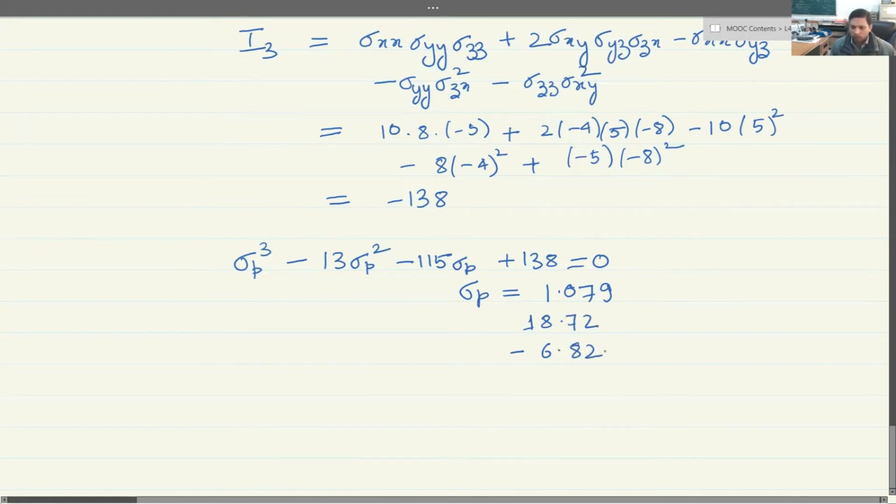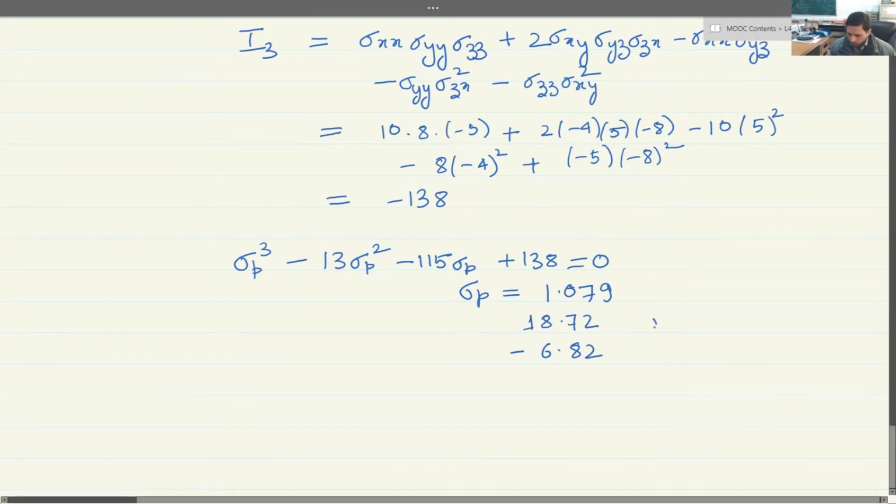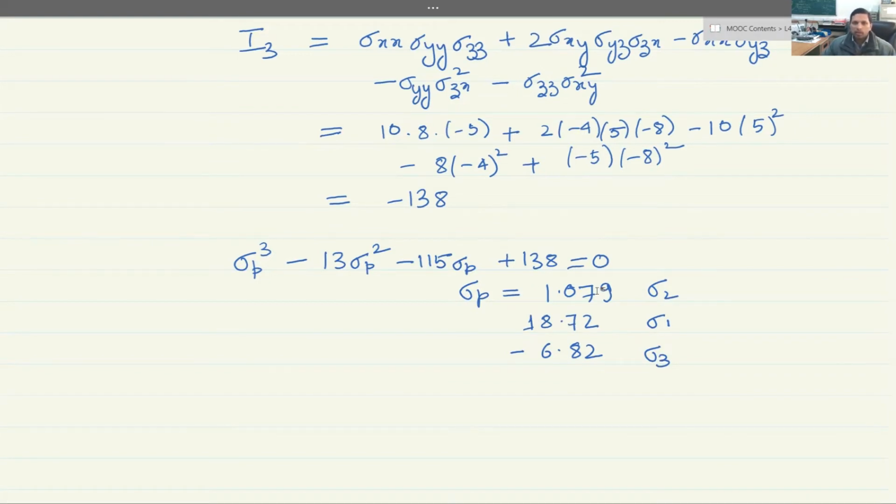So again, we can see that these are three values, as you would expect, because there are three principal stresses. So this one is sigma 1, this one is sigma 2, and this is sigma 3. So the concept of principal stresses should now be amply clear to you.